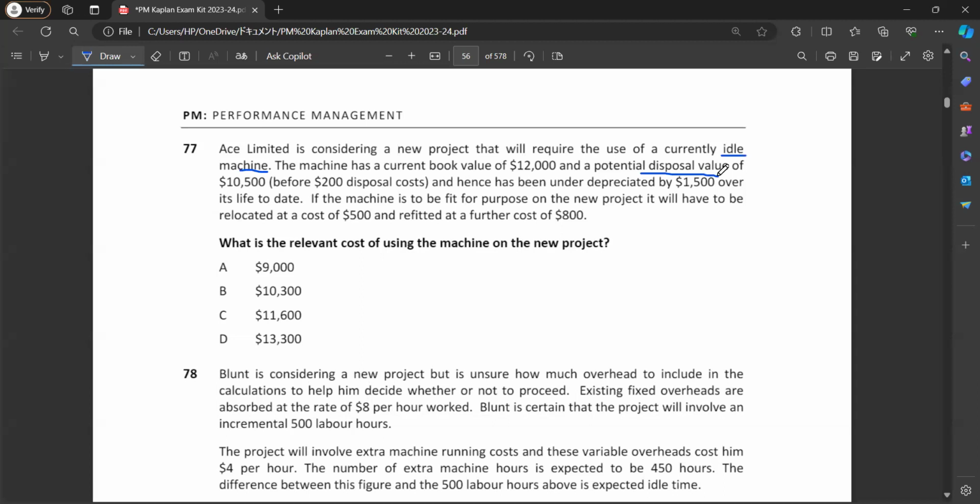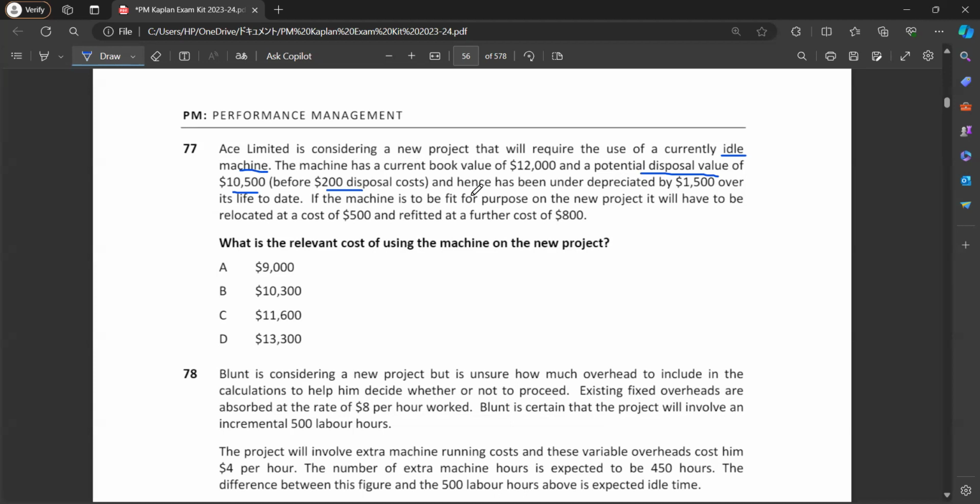It can also be sold for 10,500 after spending 200 disposal costs. So possibility of disposing it is an opportunity cost, which is 10,500 after spending 200 disposal cost. So 10,300 is opportunity cost.